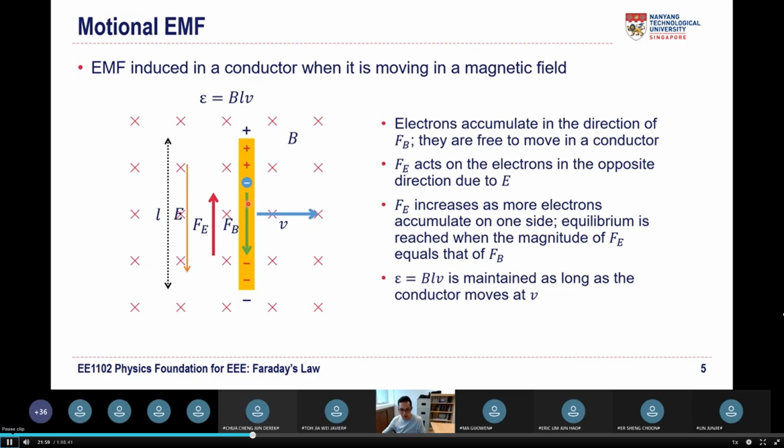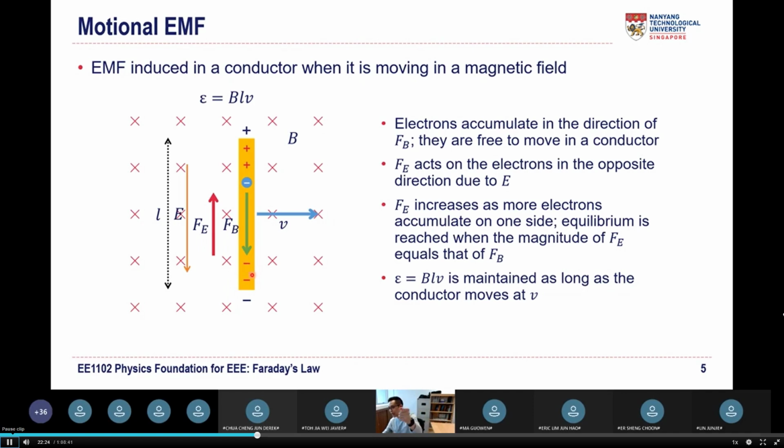So electrons will all come down, but the nuclei will all stay in their positions. And what that means is that relatively, the top part will be more positively charged because there are fewer electrons there, and there are more electrons at the bottom, so it will be negatively charged on one side.